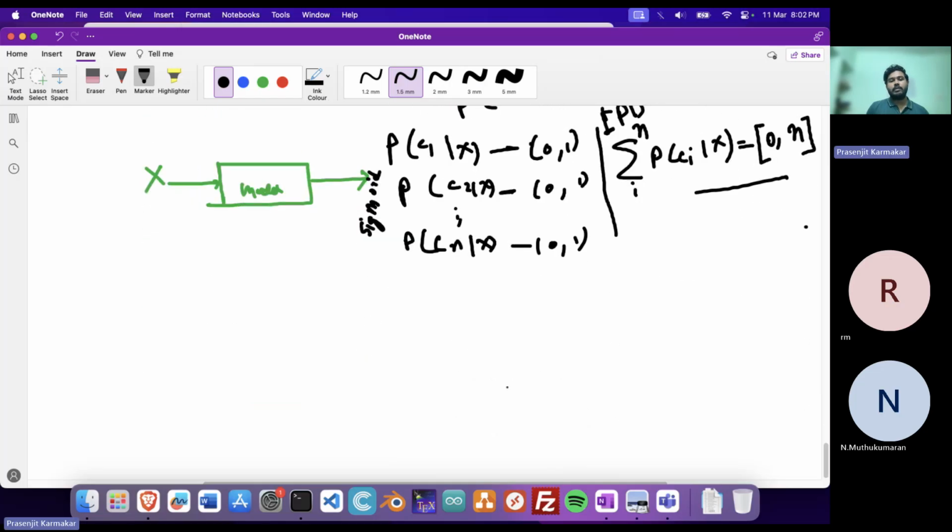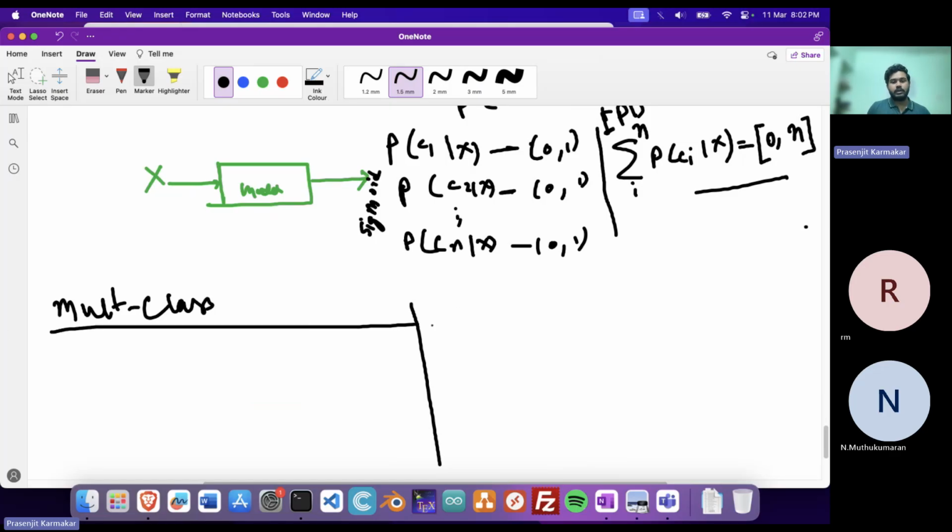And to evaluate multi-class, so we are only talking about multi-class now. Multi-label, we'll talk about later, how to evaluate multi-label instances, if we can find some good examples of it.